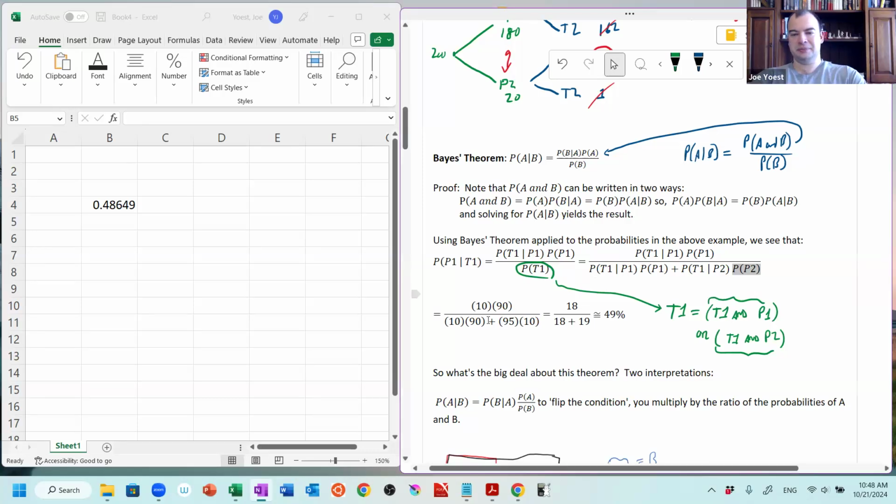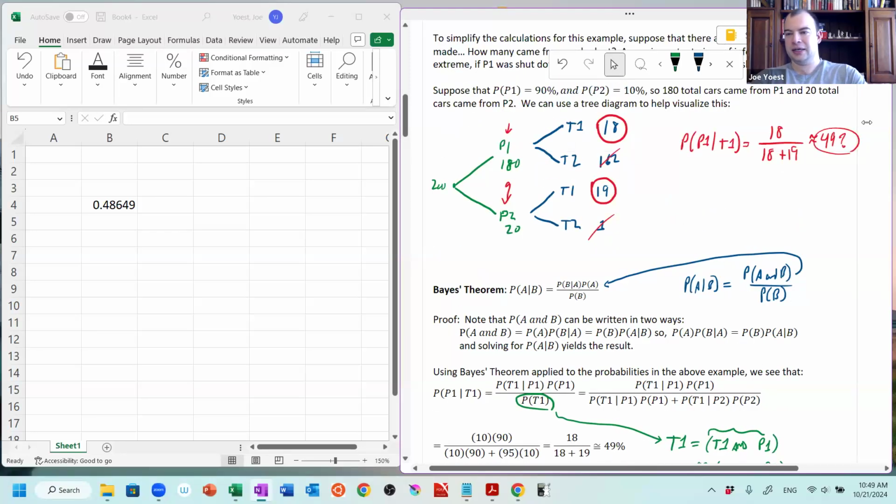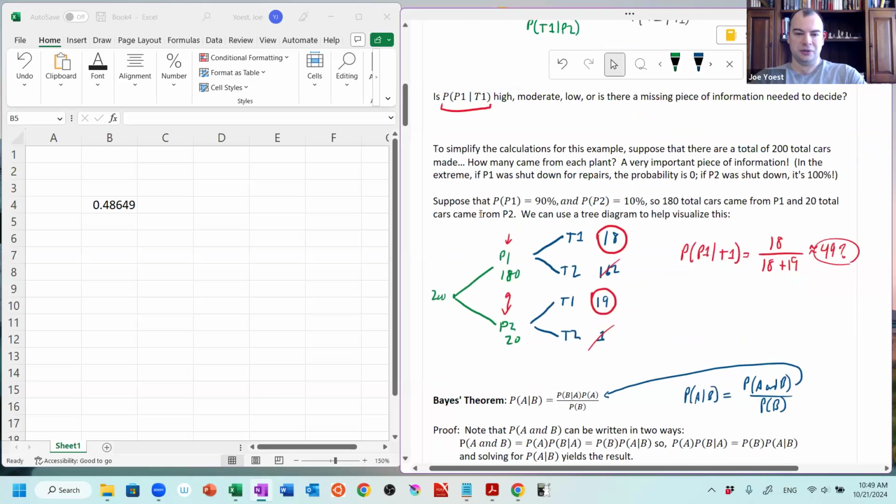And you see that this low number 10 is balanced out by its associated high number 90. And the high number 95, the conditional probability from plant 2, is balanced out by a low number of 10. The fact that plant 2 is a smaller plant doesn't produce a whole lot of cars overall. And we get the same 18 over 18 plus 19, or about 49%, that we had calculated up here. So we could do things in terms of forcing it into whole numbers of cars, which worked okay for this example, but for other examples might be more cumbersome to do.